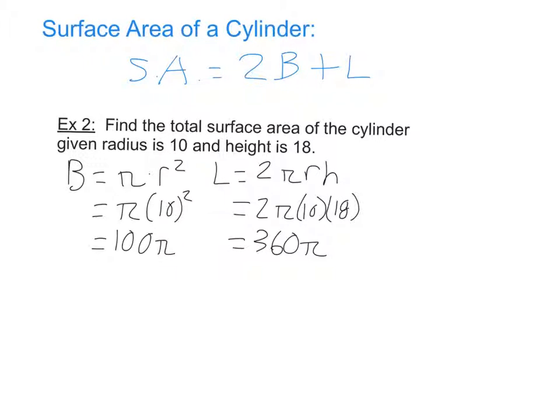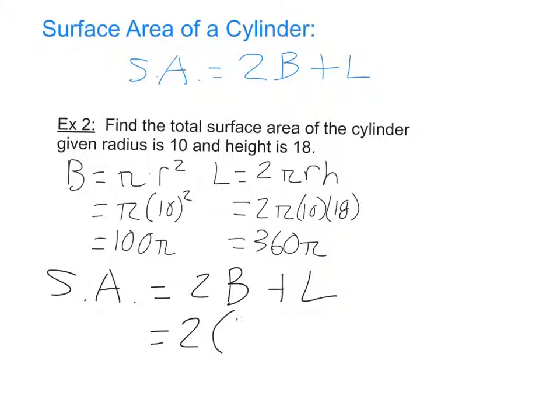And lastly, now that we found big B and big L, we can go ahead and use our general formula, which is the surface area is equal to 2 big B plus L. We just found our big B to be 100 pi. And we just found our big L to be 360 pi.